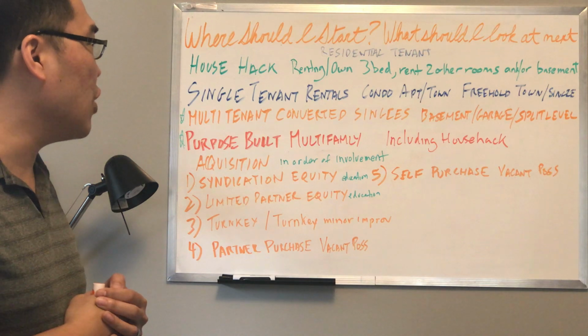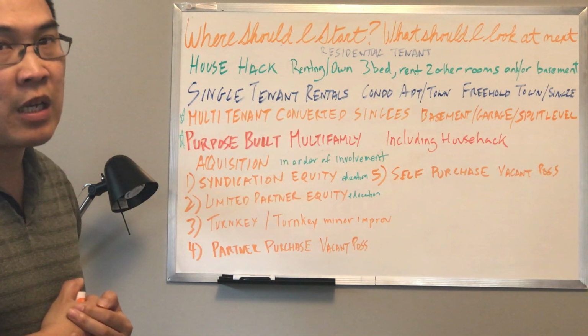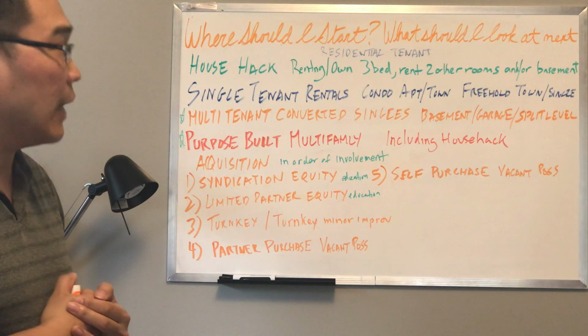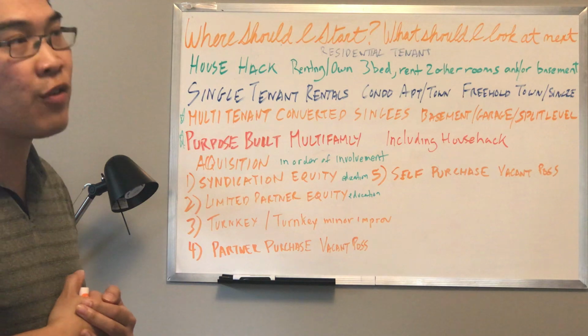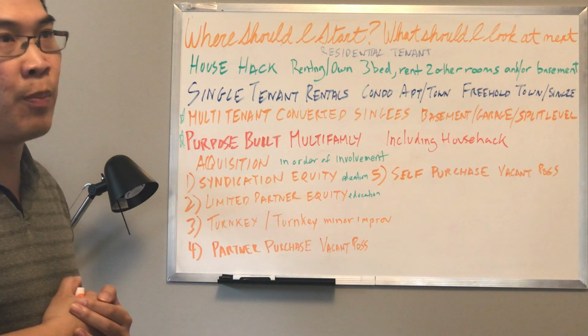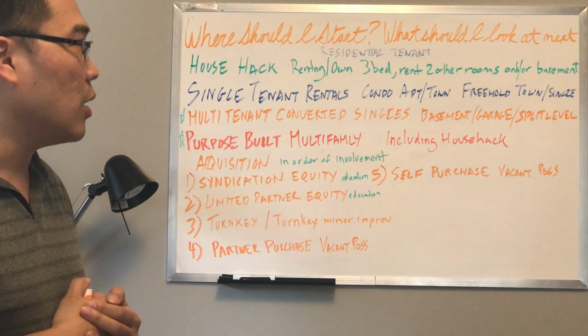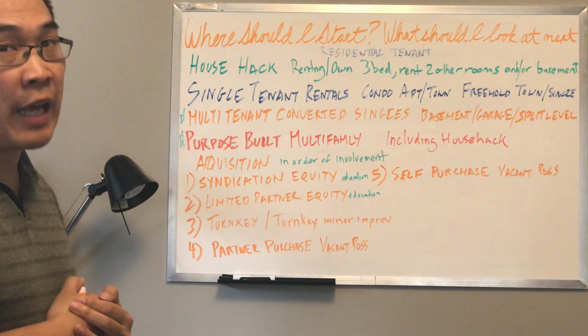As you know, with single tenant rentals, especially in the GTA, you're likely not going to cash flow unless it's like a pre-con where you bought it 3, 4, 5 years ago, and then the rent went up to a point where it'll pay off your mortgage and then some. But if you're going to buy something in today's market, chances are it won't cash flow.